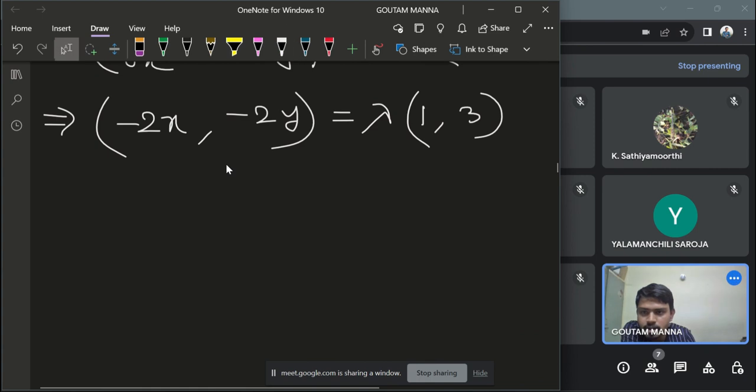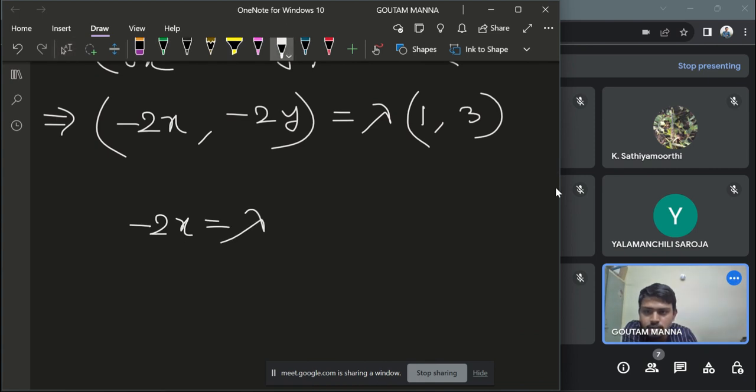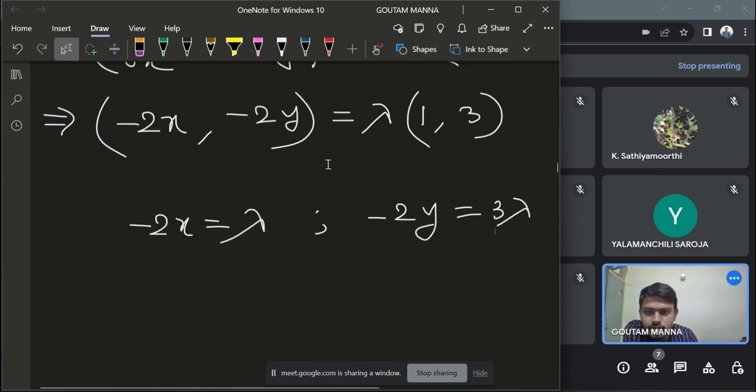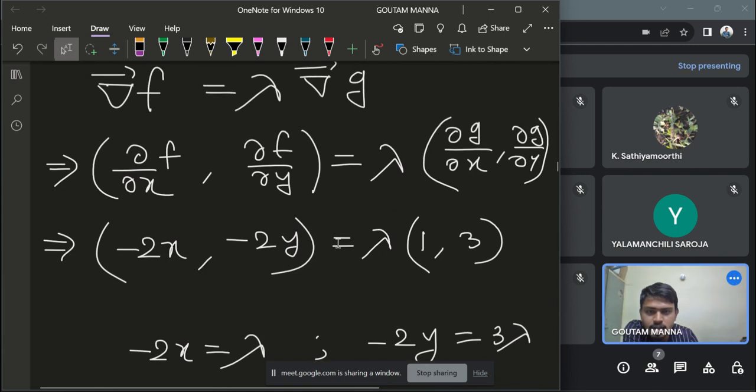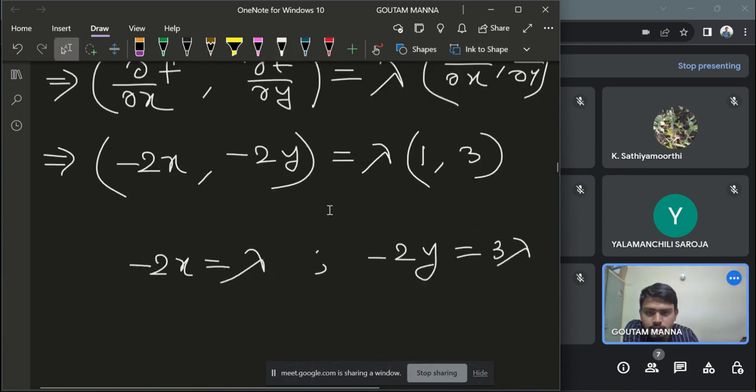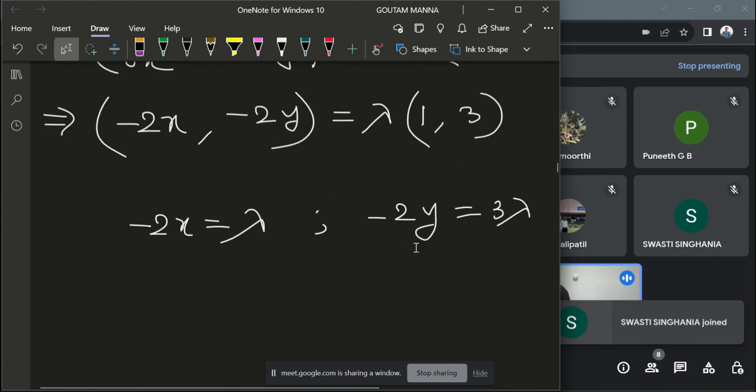Comparing the first component, minus 2x equals lambda, and the second equation is minus 2y equals 3 lambda. So we have three unknowns, lambda, x and y, and we have three equations, the third being the constraint equation. So we need to find the values of x and y.